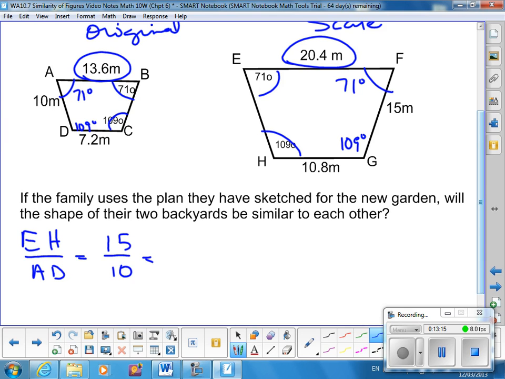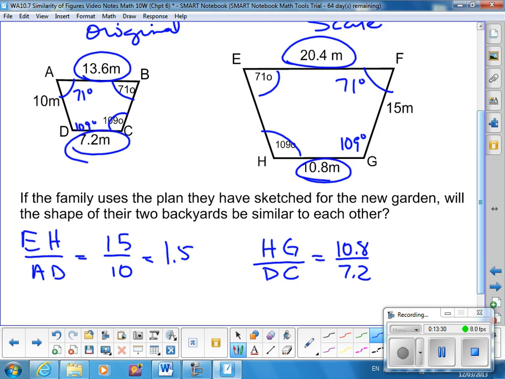When I divide that out, I get 1.5. I'm going to compare HG to DC. It's 10.8 to 7.2. So I'm just comparing these two sides here. Divide it out, I get 1.5.